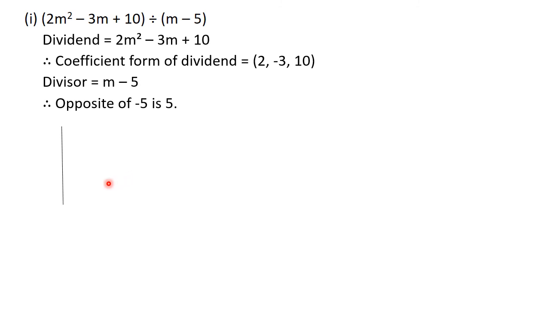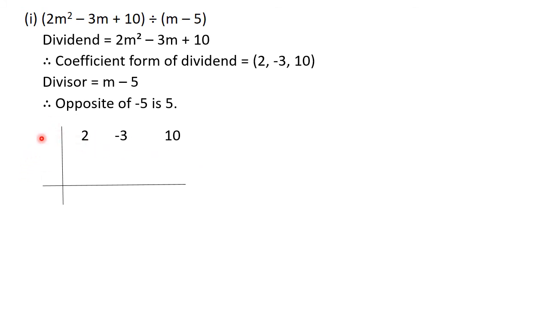So draw the table like this, as I have said, one vertical line and one horizontal line. Now on the right hand side of the vertical line, we are going to write the first row as the coefficient form. Write it well separated. The numbers should be well separated. Don't write them close to each other.